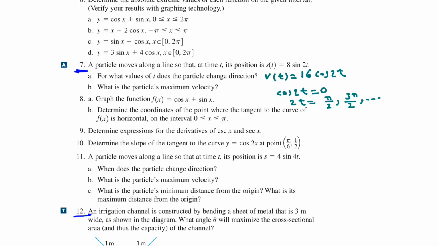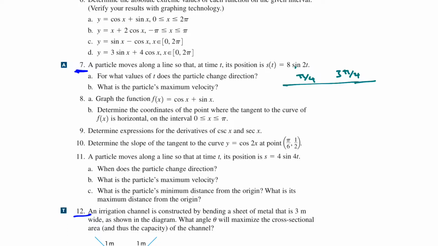What is the particle's maximum velocity? We are looking for the maximum of v(t). At t equals pi over 4, velocity is 8. At 3 pi over 4, velocity is negative 8.